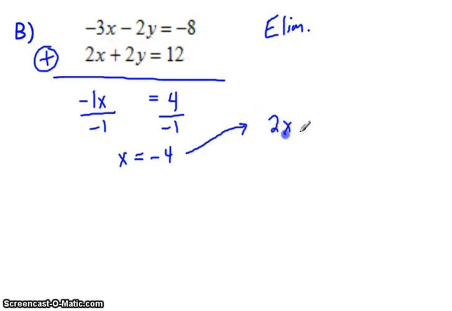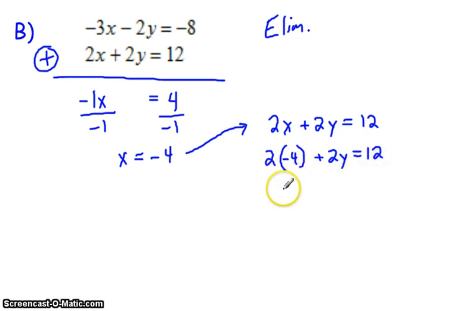So this is 2x plus 2y equals 12. So this would be 2 times the negative 4 plus 2y equals 12. 2 times negative 4 is negative 8 plus 2y equals 12. Still solving for y here. I'm going to add 8 to both sides.